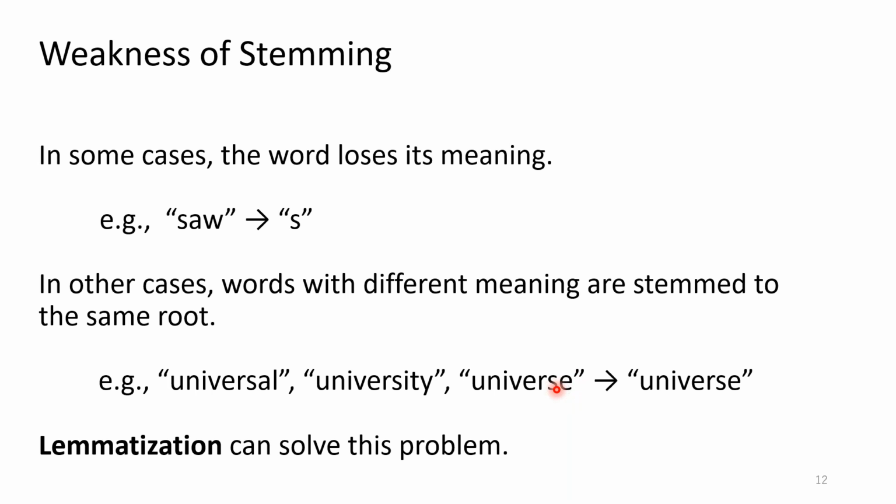So if we apply stemming to these words, all of them will be transformed into the same root word, univers. Thus, stemming makes it impossible for a computer to distinguish these three different words. The computer reads them as the same word.